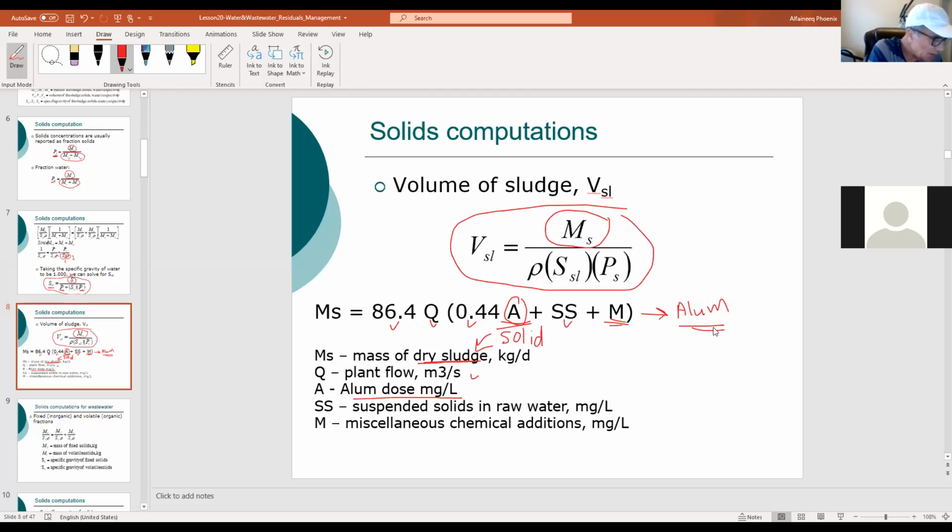You have another one if you choose to use iron, Fe. It's going to be different numbers, not 0.44, it's going to be 2.9. Anyway, this formula gives you the ability to calculate the mass of the solids produced based on whatever you are doing.